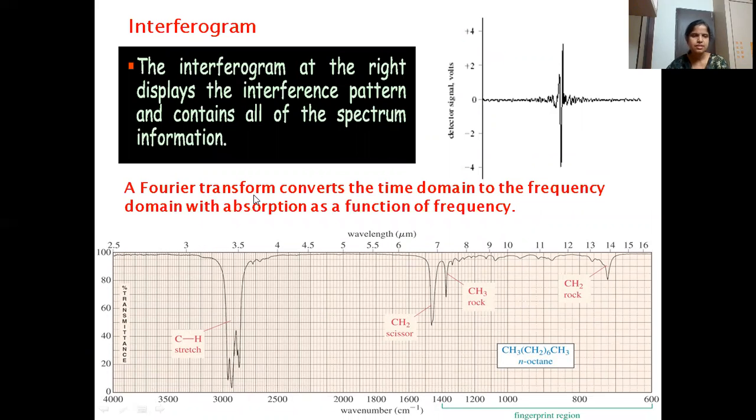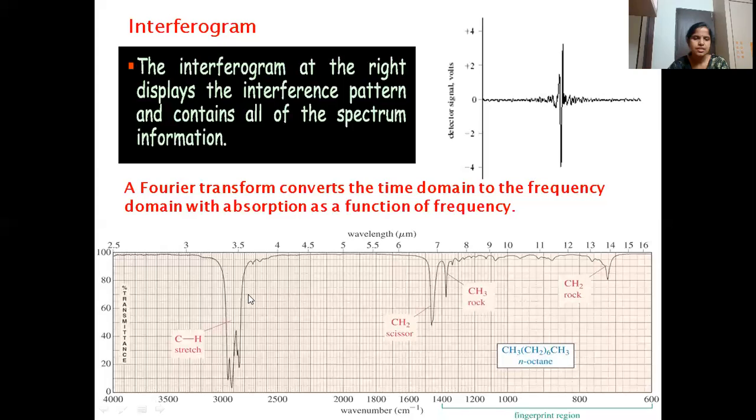It converts the time domain spectrum to the frequency domain spectrum. This spectrum arises from all the wavelengths undergoing absorption and being transmitted out by the sample, but it is very complex, so we convert it into a frequency domain spectrum using the Fourier transform.